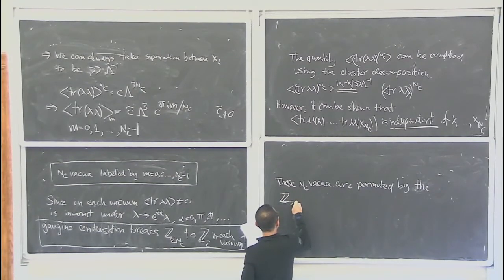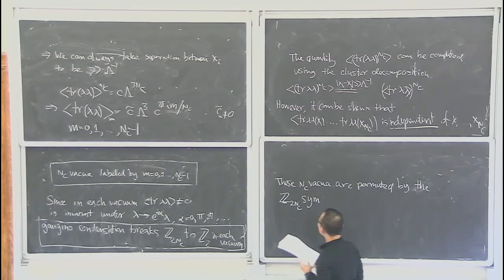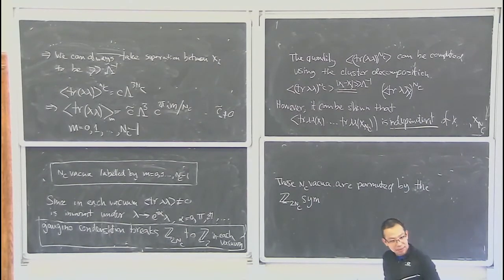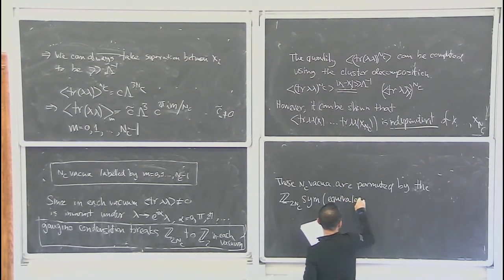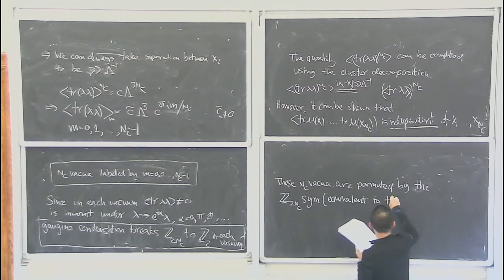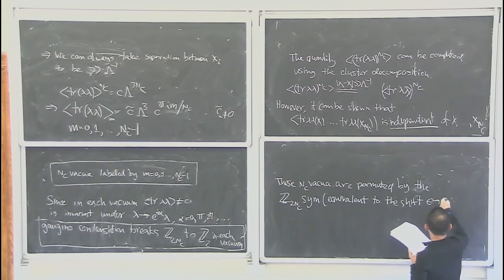Now come to the important point: these N_c vacua are permuted by the Z_2N_c symmetry, because it is equivalent to the shift theta goes to theta plus 2 pi.